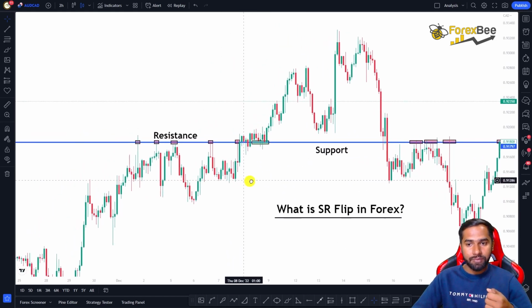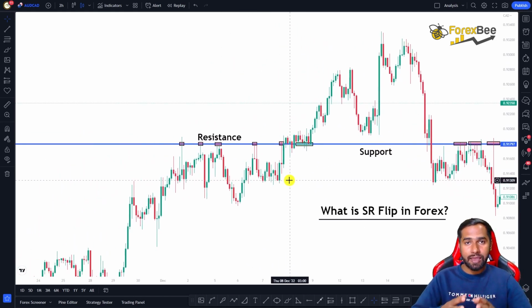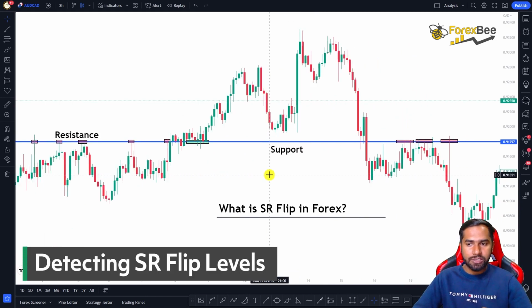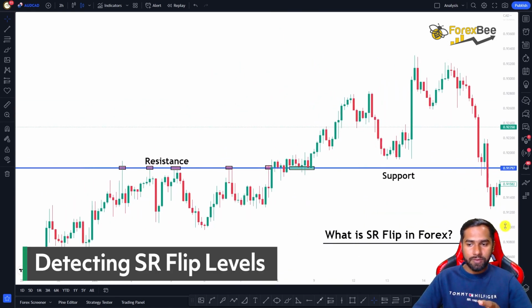Now let's talk about how you can detect the SR flip levels, because it's a little bit different than detecting a simple resistance level or a simple support level. In order to detect the SR flip level, you need to pay attention to the wicks of the candles.